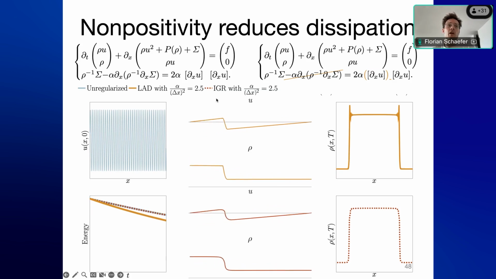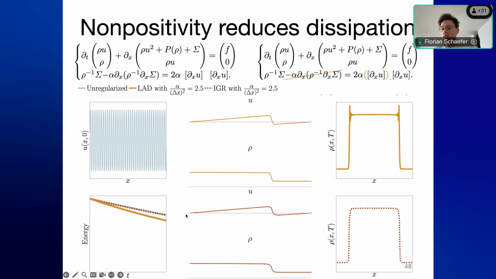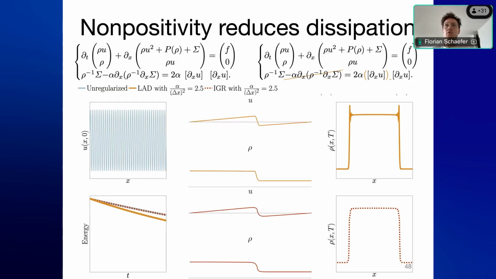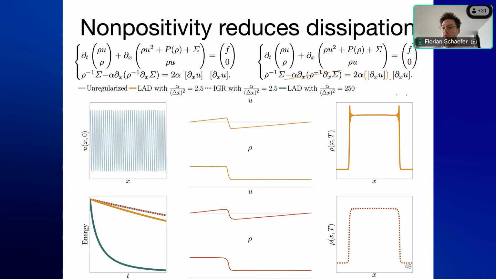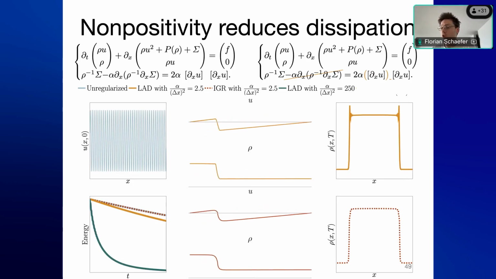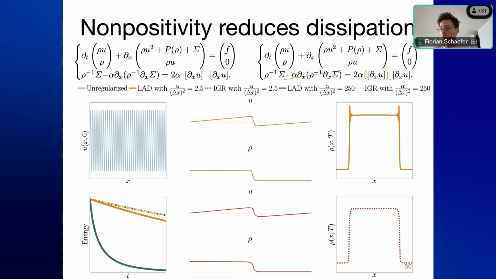On the other hand, with IGR, we see essentially no additional energy dissipation. Again, that's similar to what we observed before. And even if we multiply this tuning parameter alpha now by 100, of course, with this diffusivity, we see that the energy drops like a stone. And still with IGR, we observe next to no additional energy dissipation.